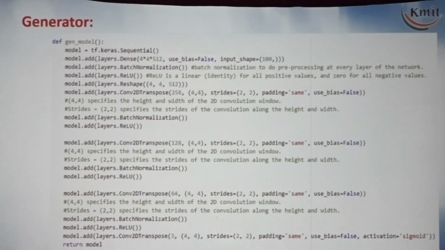Now you have to keep in mind the input size, output shape, and another important point, the number of layers in between. Once you decide the input shape and output shape of the generator, you have to adjust your network accordingly.